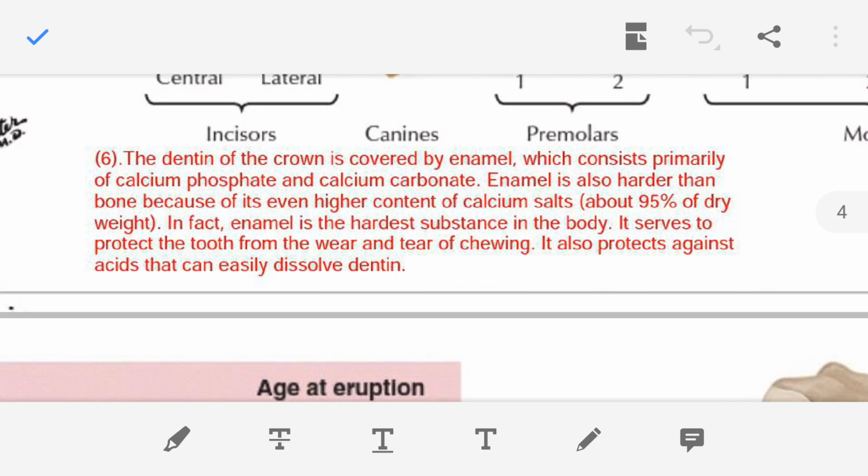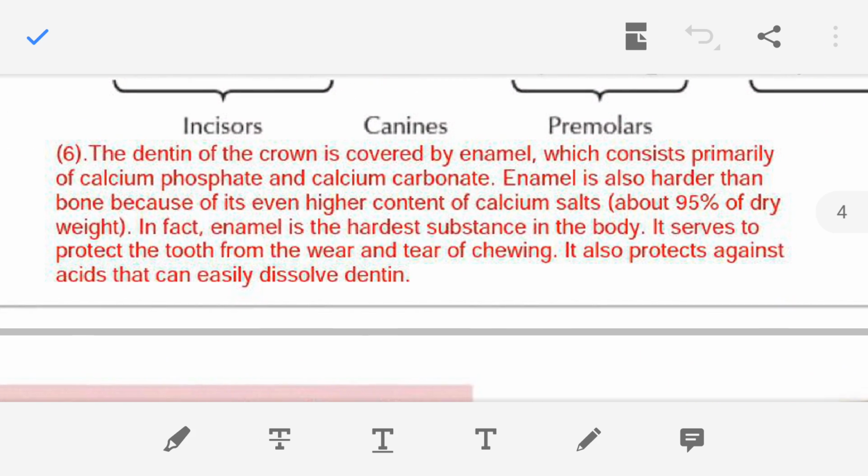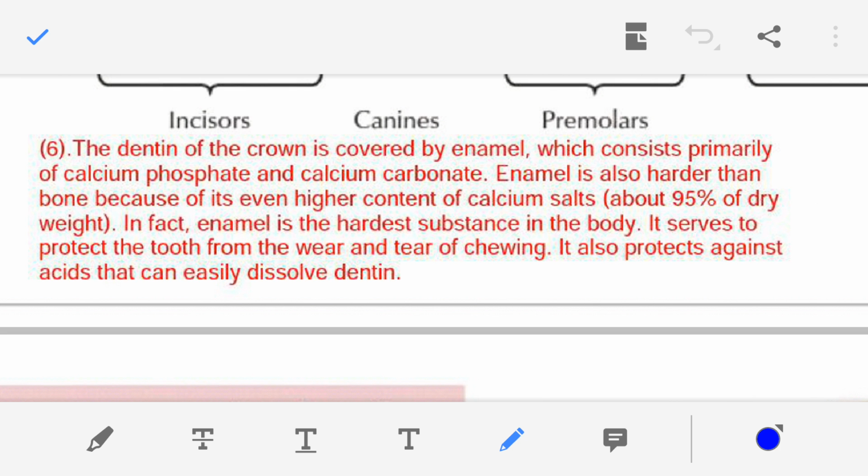Now what does this enamel consist of? Enamel primarily consists of calcium phosphate and calcium carbonate.